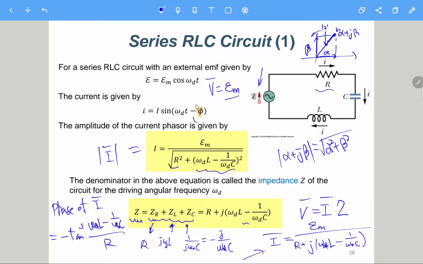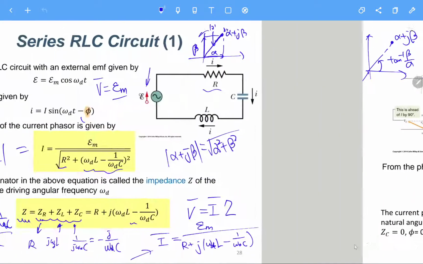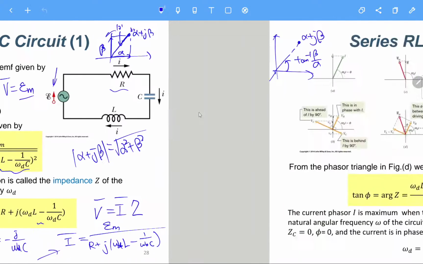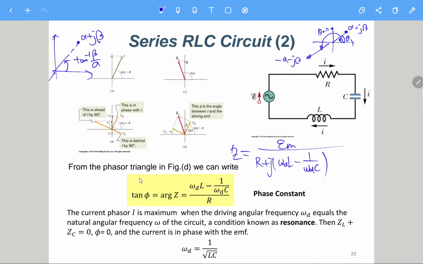We have this minus sign here because this term is in the denominator. But of course, as we have this minus sign independently, we only consider tangent phi to be this term, the imaginary part over the real part, and this is the tangent of phi.